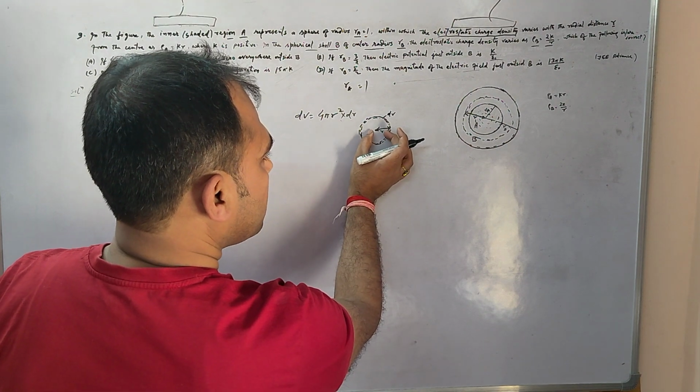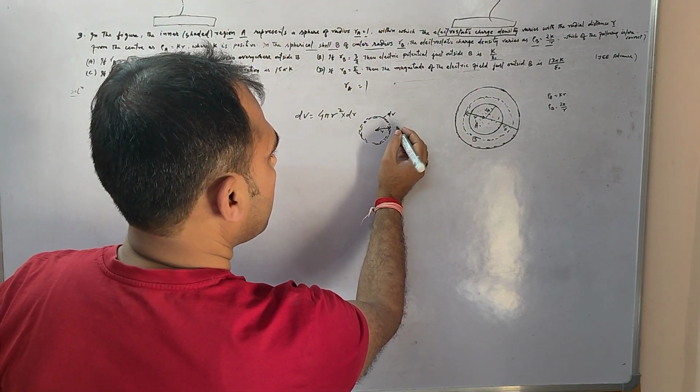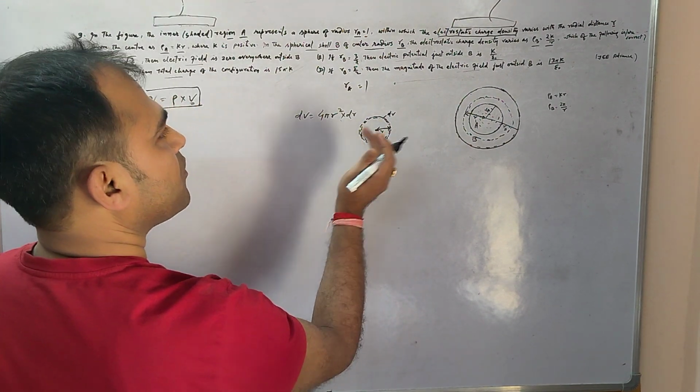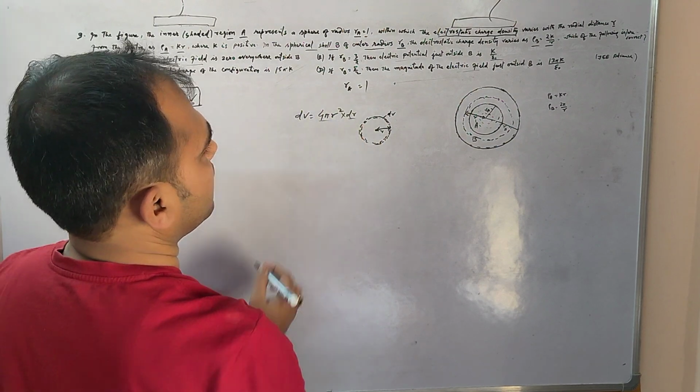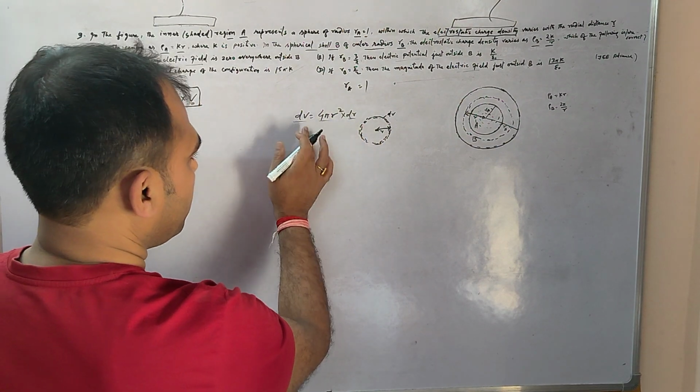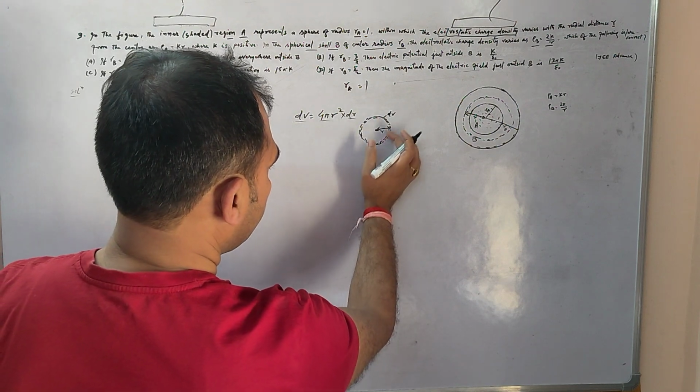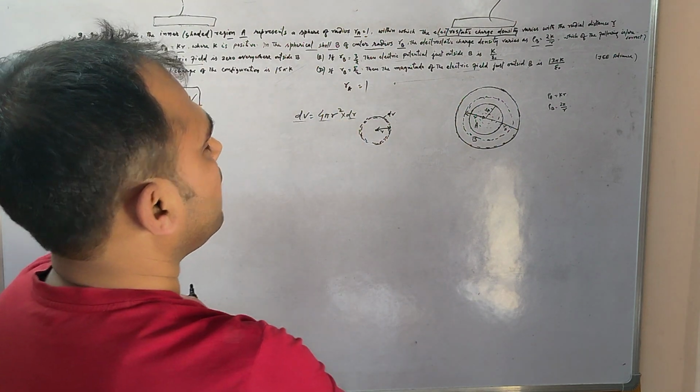Inner radius is r and outer radius is r plus dr. So dV is the volume of this thin hollow sphere.